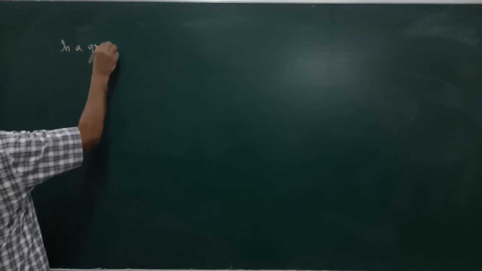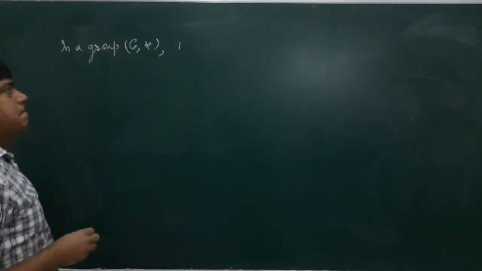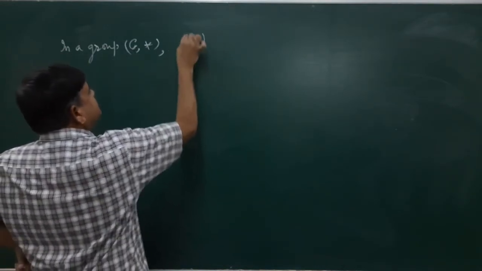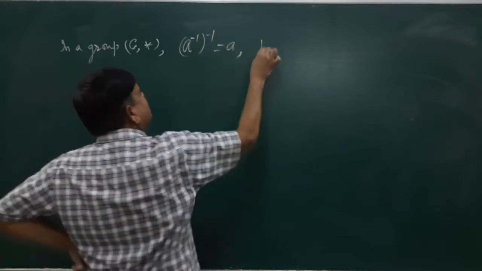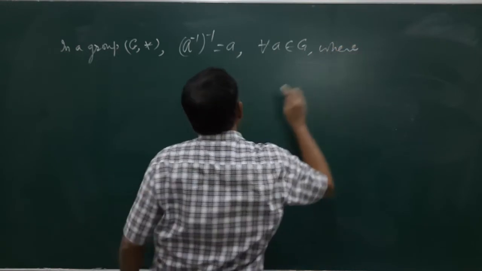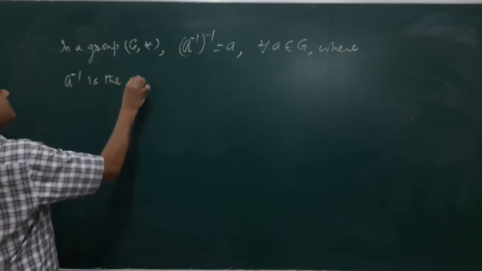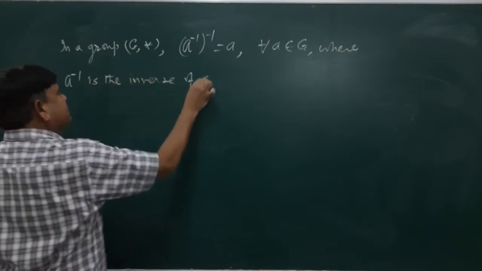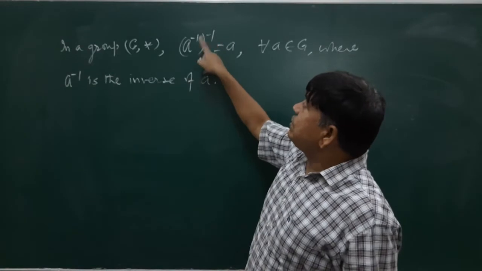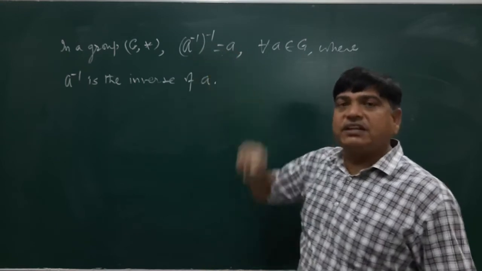In a group Z, where a inverse is the inverse of a. Inverse of inverse is the element itself.